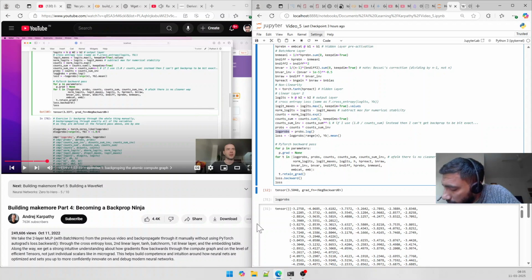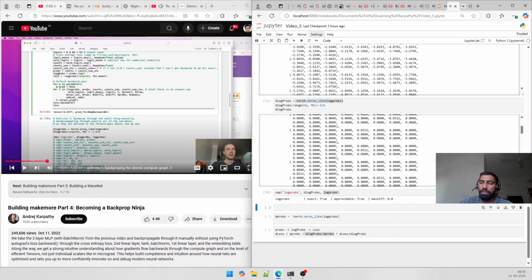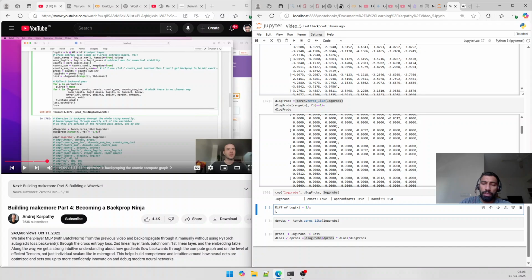Prob is one thing, on that we are applying log, and we are getting log probs. The differentiation of log x is equal to 1 by x.